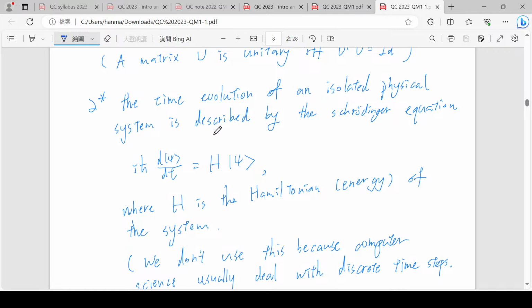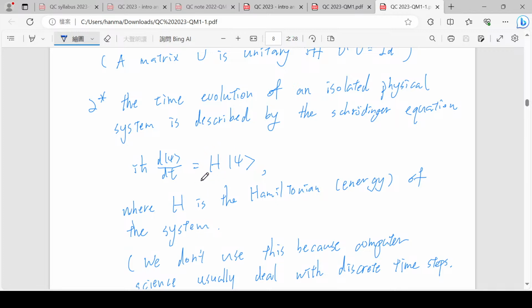So if you care about continuous time evolution, how the state evolves through all time steps, in physics there is this famous Schrödinger equation, and this differential equation says that h bar d psi dt equals H of psi. We have a little abuse of notation here. This is not a Heisenberg matrix. This is some Hermitian matrix, and it's called the Hamiltonian of the system.